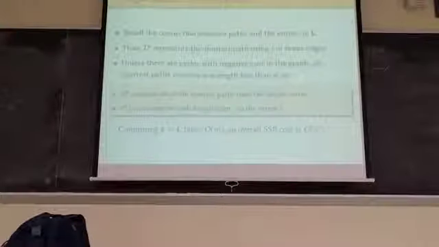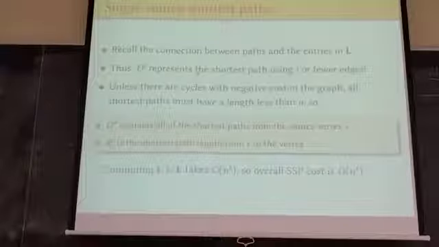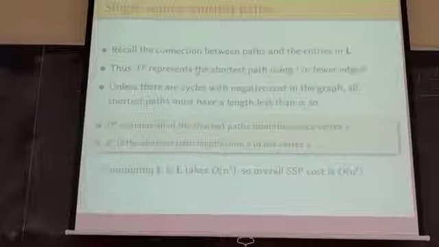Since we know that no path needs to be longer than n, unless you have cycles that have a negative cost, you will not have any shortest paths that have more than n edges, or rather n minus 1 edges. So it's enough to go up to L to the power n, or in other words, you can stop with the nth approximation in this iterative procedure.